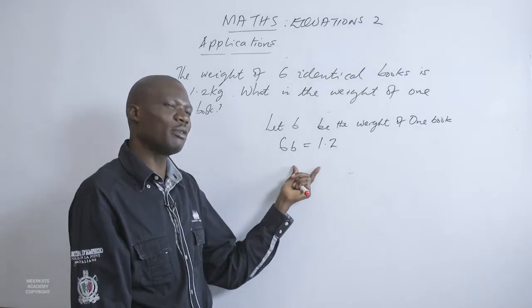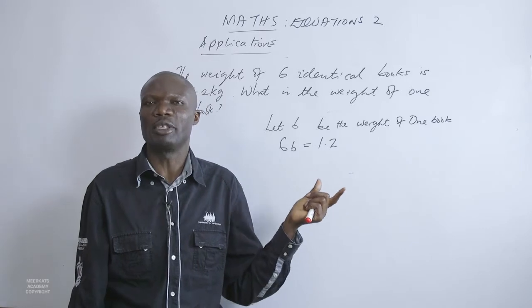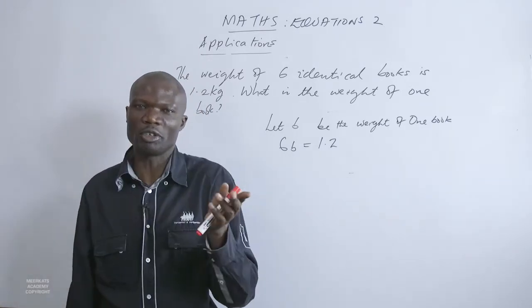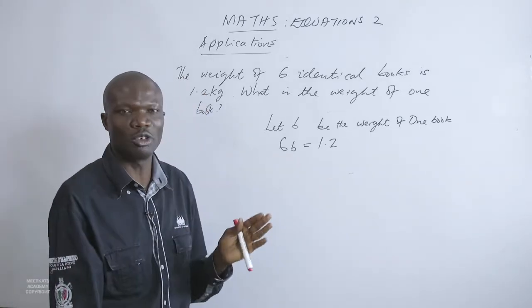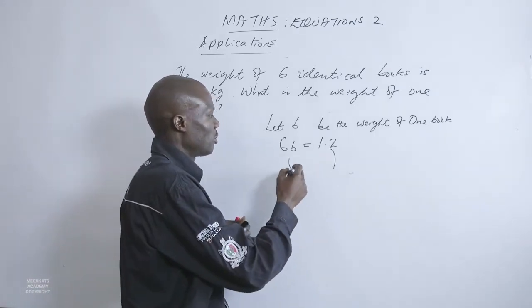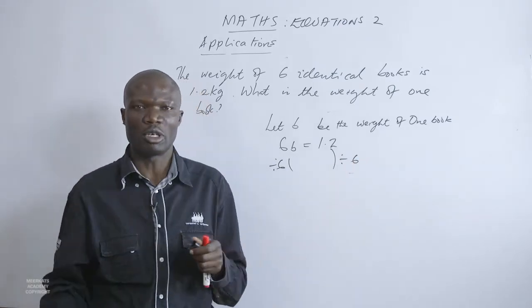So we have an equation which can be solved by inspection or systematically. So can we proceed and solve the equation? We shall divide this side by 6, divide that side again by 6.